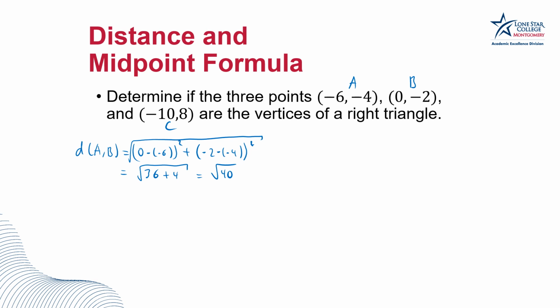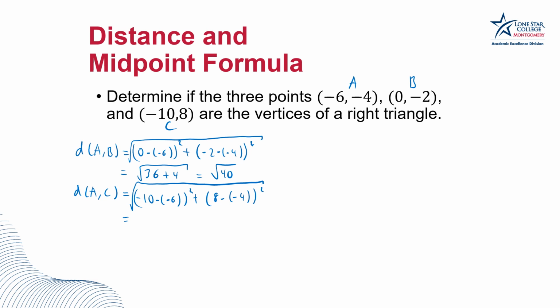The next distance will be between A and C. So point A, point C. So now our x2 is negative 10 minus x1, negative 6 squared, plus y2 is 8 minus negative 4 squared, and the square root of the whole thing.